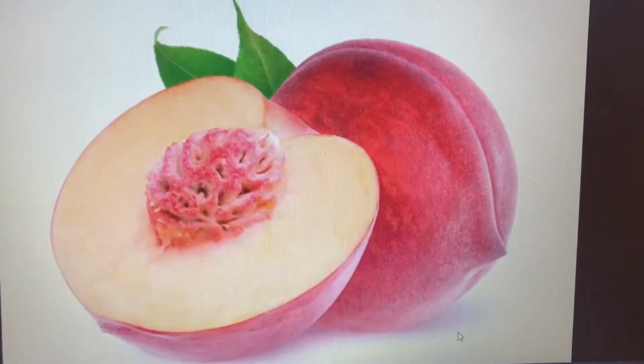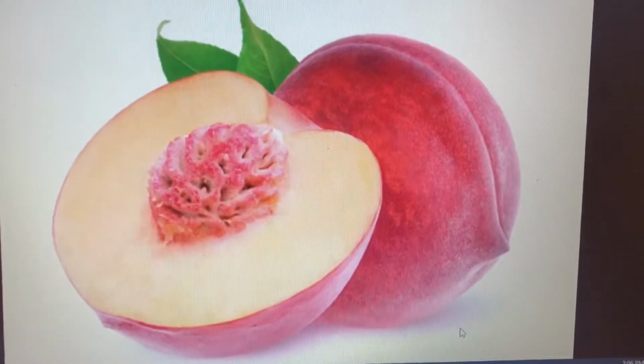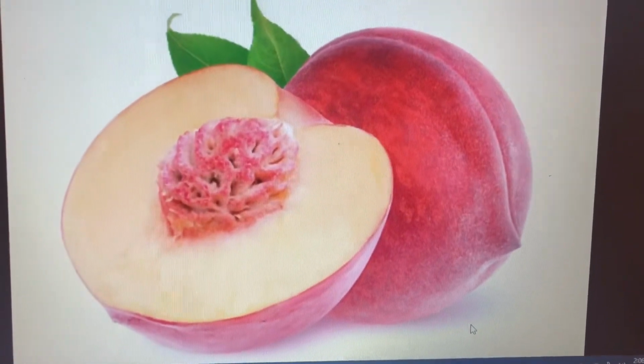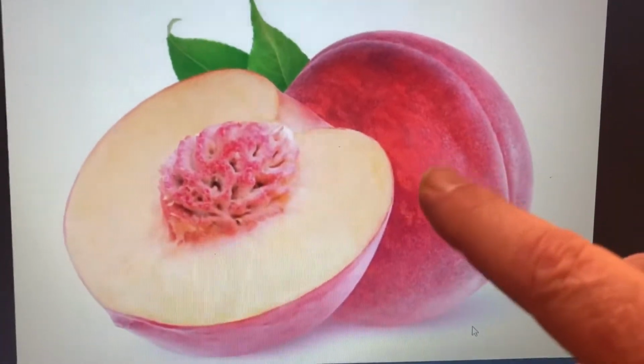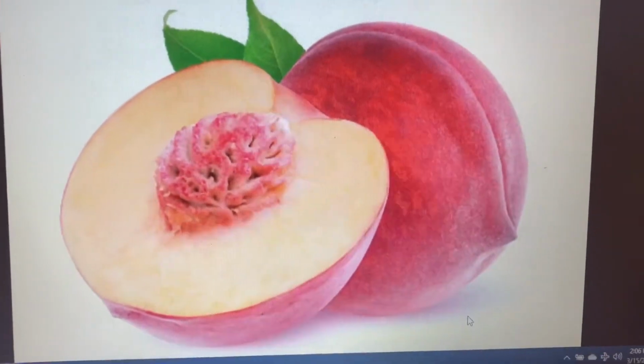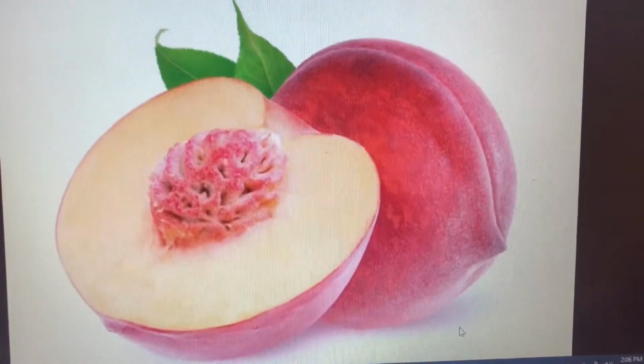If we could cut it in half, okay, to look inside, I want you to use this image in your head, okay, as reference. It would be something like that peach. So if you were able to cut the Earth like that, just like we cut that peach, what would you see inside? What do you think?